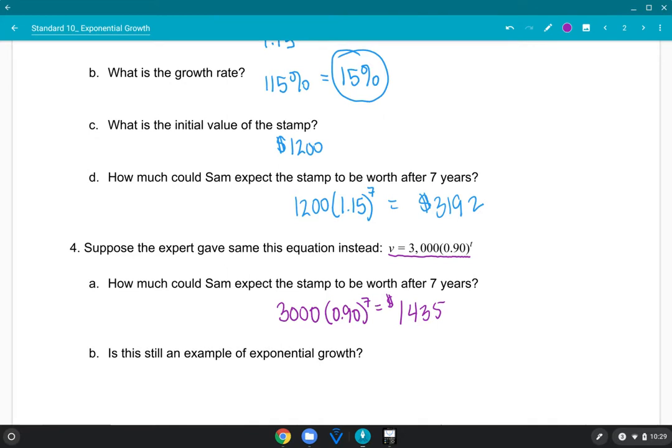And I wonder if it has to do with this number here being less than 1. Because it wouldn't be 100% plus something, it would be 100% minus something. Interesting. This is no longer growth. You want to know what it's called? You'll have to wait for standard 11 for that.